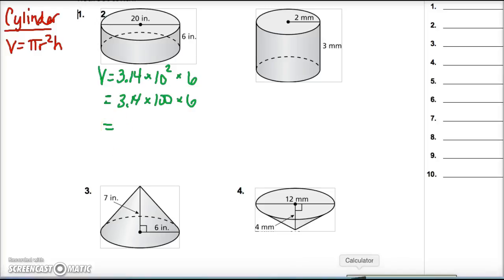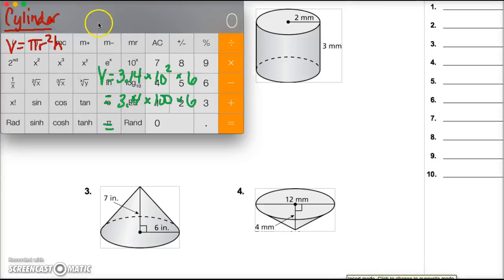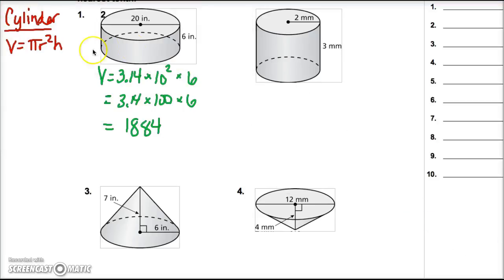Pulling up the calculator, 3.14 times 100 times 6, and you get 1,884. Our labeling is in inches, so remember, with volume, it's going to be inches cubed.